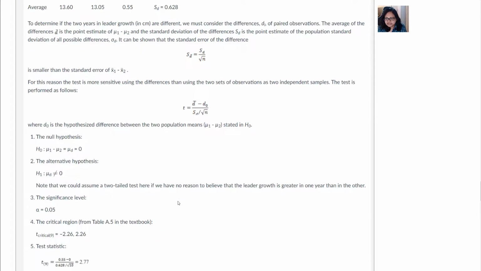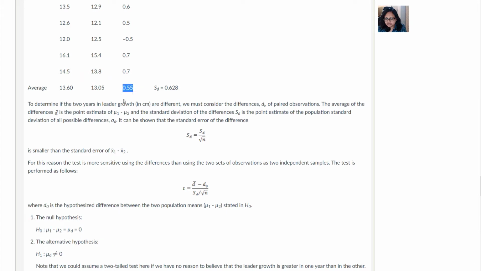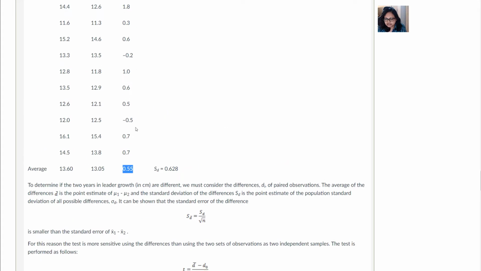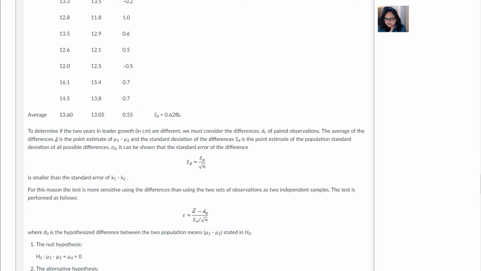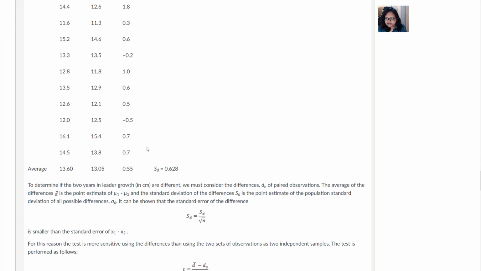So that's what you can see, that we found the average of those D_i, the differences, and then the standard deviation of the differences, using the sample standard deviation, that means using these values only.